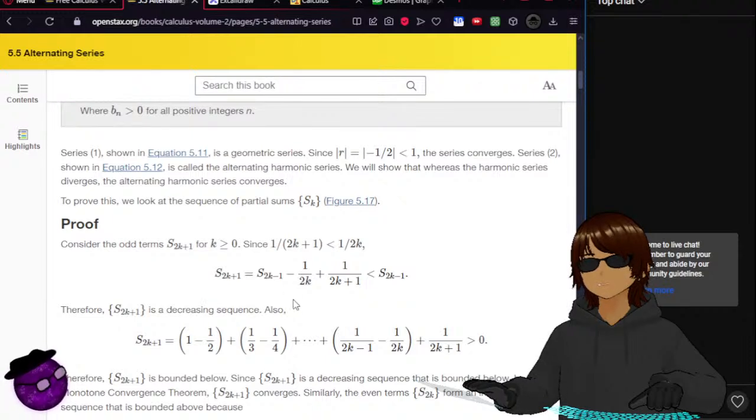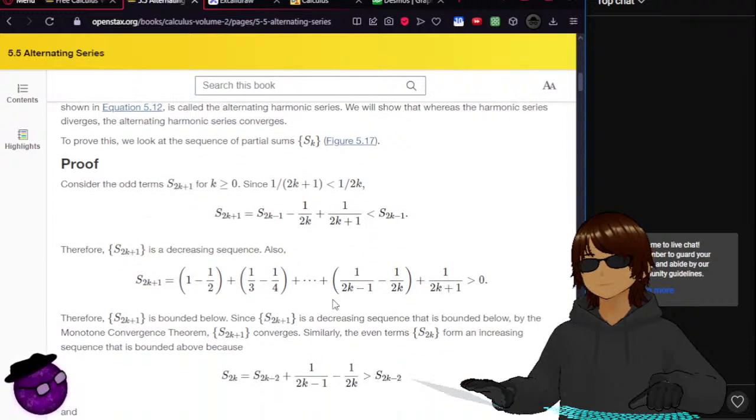Minus 2k plus 2k plus 1 over 2k plus 1. One over 2k minus 1 minus 2k plus 1 over 2k plus 1. I get that it's a decreasing sequence.